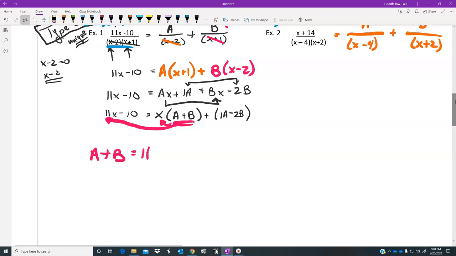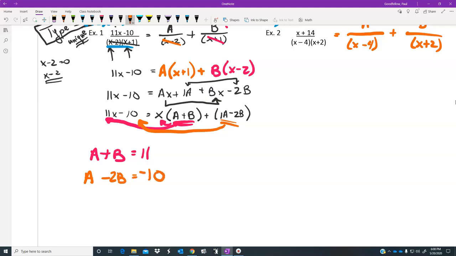Those two right there would be equivalent to the coefficient of the left-hand side. Now I could do that same idea with the 1a minus 2b. This is a constant term, and the constant term of the left side is negative 10. And I'd be able to write that a minus 2b would be equal to negative 10.